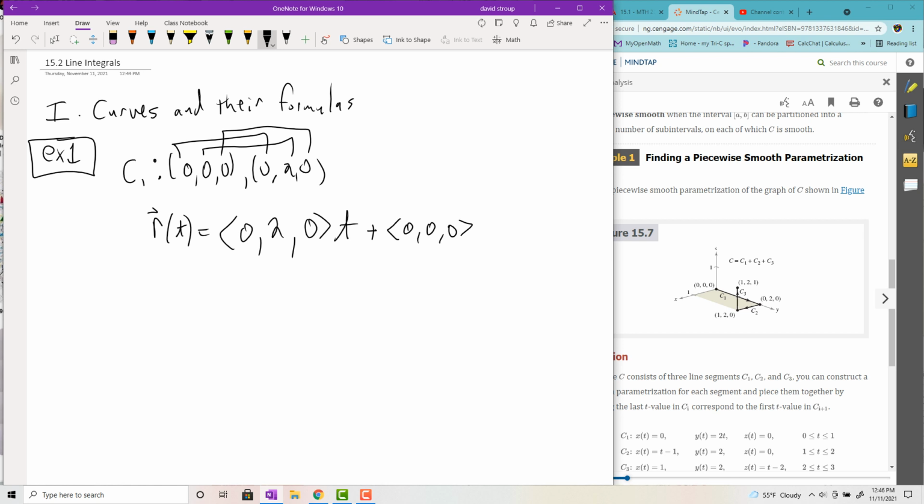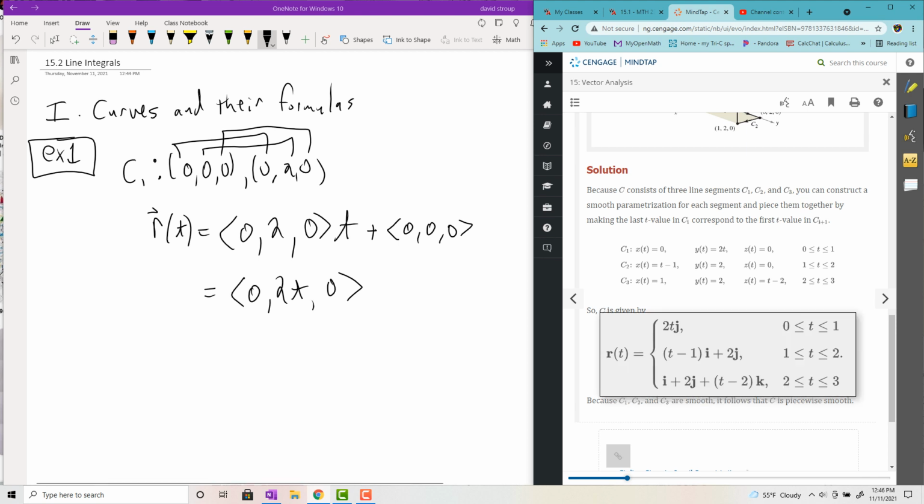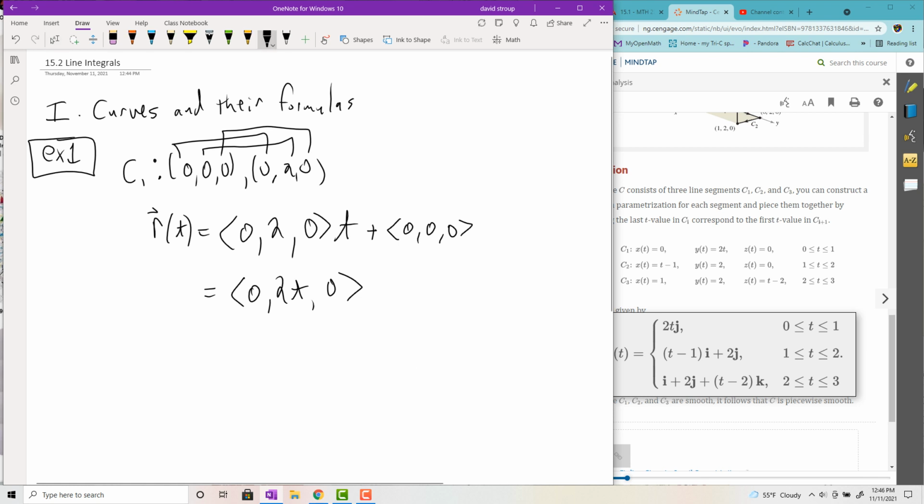And you'll basically get the formulas that they have in the book here in their solutions. So rewriting it, it's 0, 2t, 0. So you see the first curve, 2tj from 0 to 1 over there on the right. So we nailed the first one.